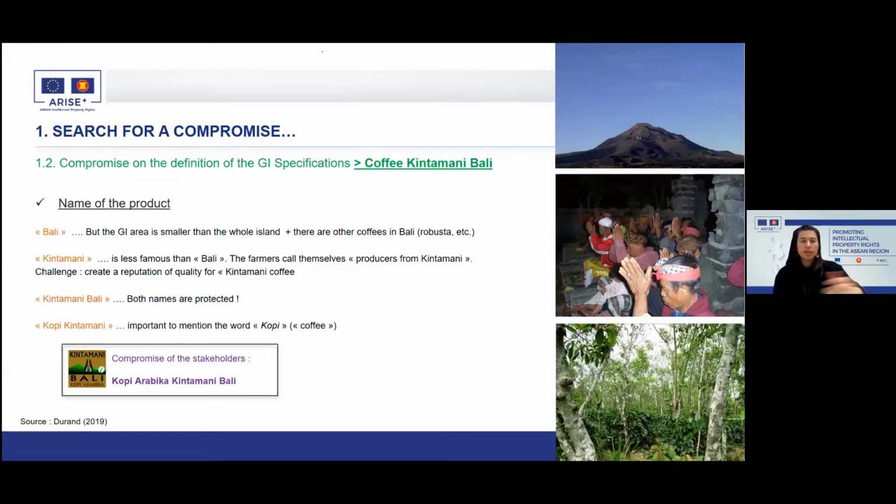So you can see in this progressive selection that even for the name of the product, the local stakeholders discussed and were searching for a compromise. And the name is very important, in fact, because it will reflect the identity of the product. So if you don't recognize yourself in the name of the product, then it will maybe be difficult to participate in the project. So it is a very important point.